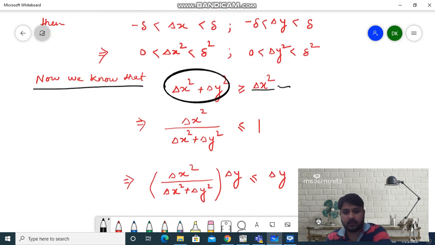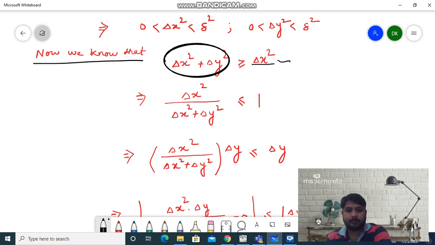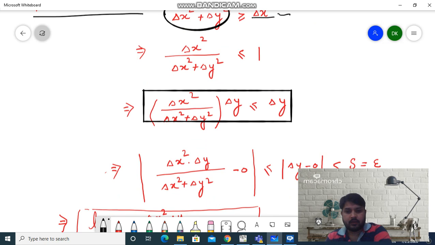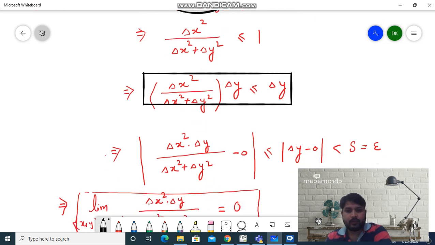From here we multiply both sides by delta y, so we get this value. Now we can take the modulus of delta x squared into delta y upon delta x squared plus delta y squared minus 0, which is less than the modulus of delta y minus 0, but we know that delta y minus 0 is less than delta, so we say this is equal to epsilon.